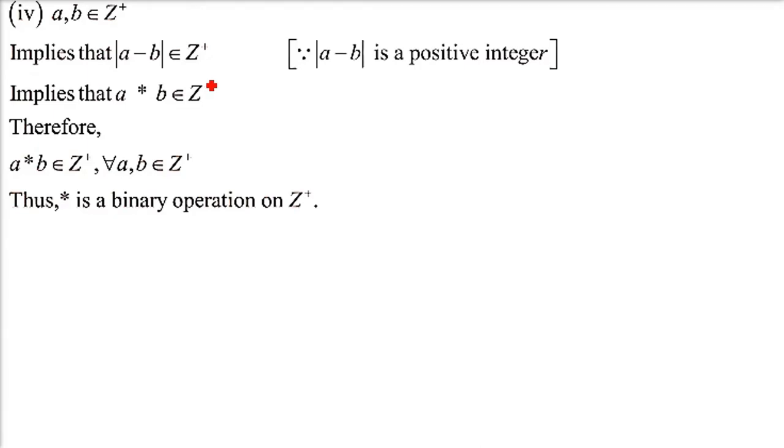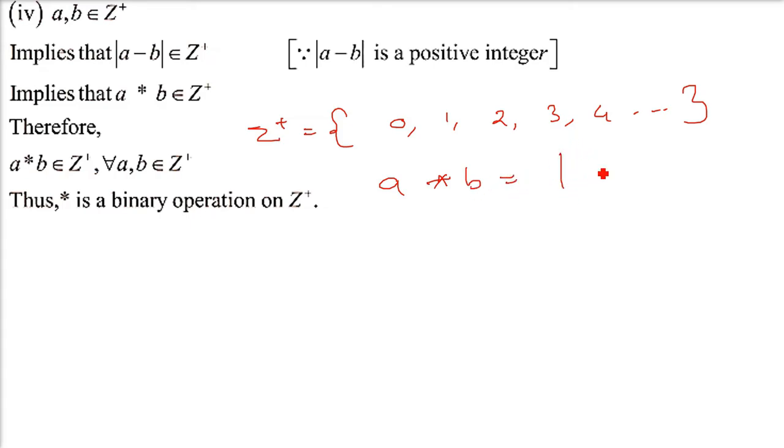Next, we have the fourth one. On Z plus, define star by, this Z plus, let me write it again: 0, 1, 2, 3, 4, 5, like this. Z plus is all non-negative integers. This is defined by A star B equals mod of A minus B. Now, we already took the first part, right? When we took A star B as A minus B, it was not a binary operation.